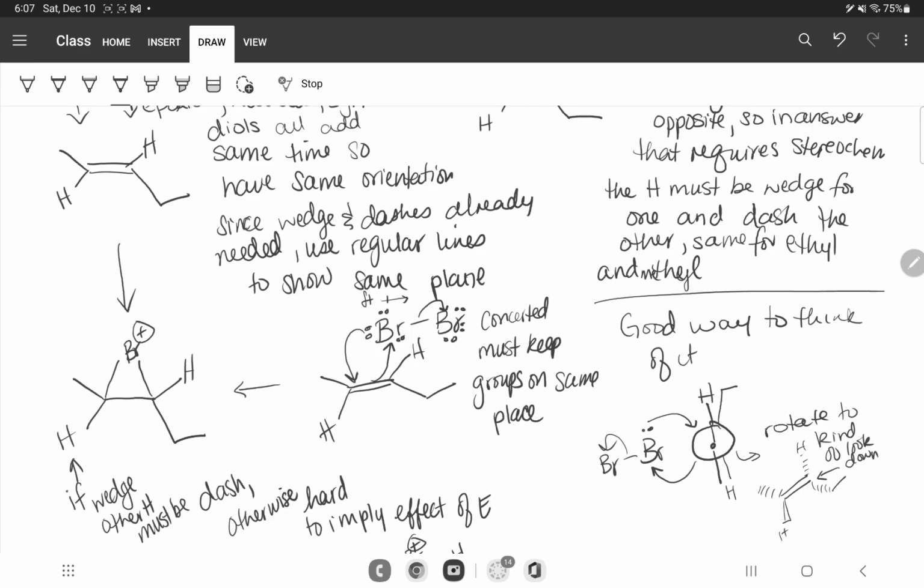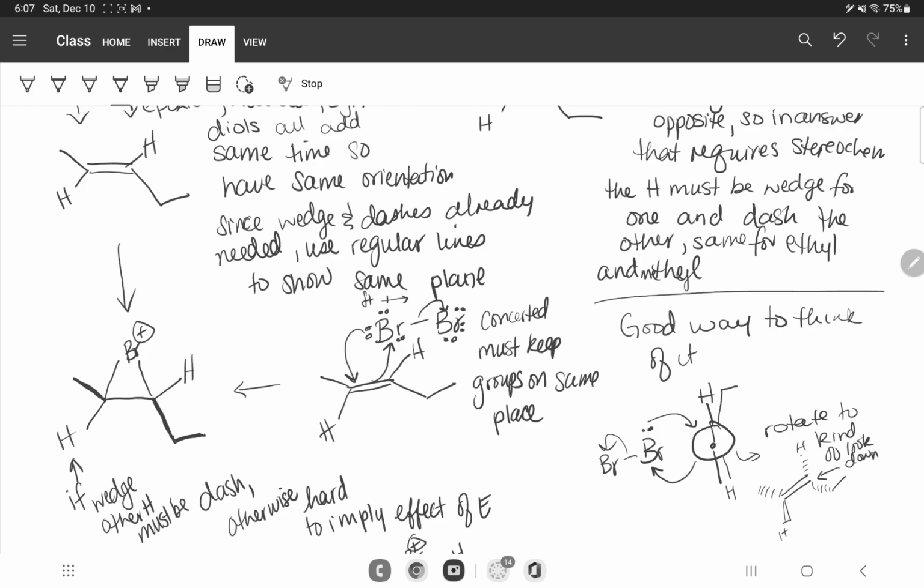And so I want you to imagine, if the methyl and the ethyl have to be on opposite sides of each other, they have to stay there. So the methyl and the ethyl need to remain on opposite sides of the structure. So if I give the ethyl and the methyl a wedge, they have to stay a wedge.